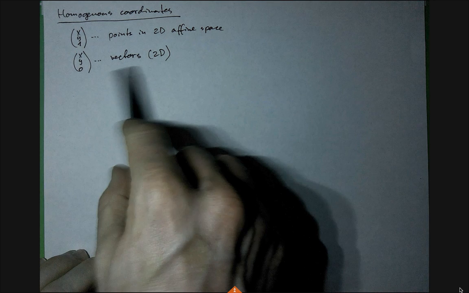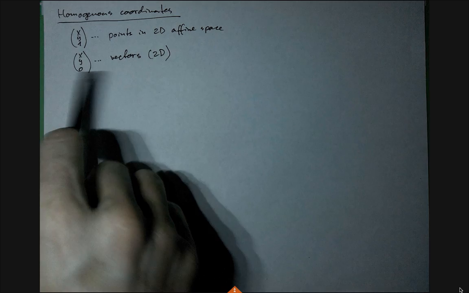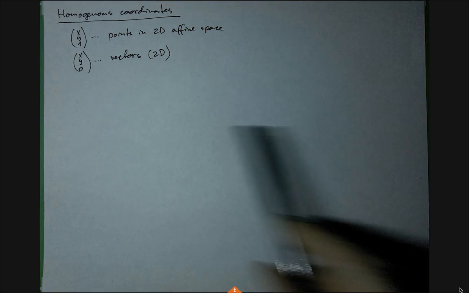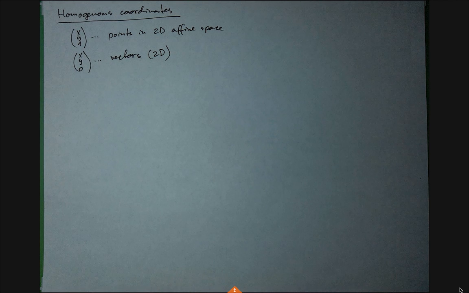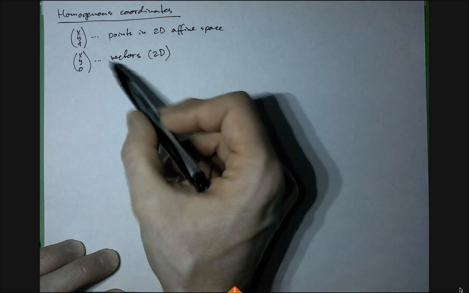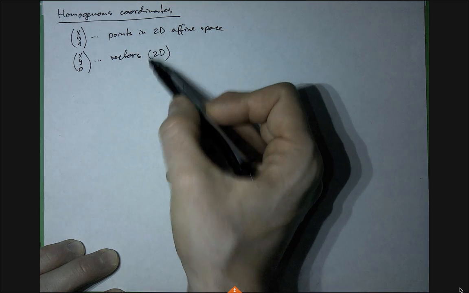The other way you can look at it, if you recall the projective plane idea, is to look at vectors as points at infinity. If the points are going further and further away, in the limit they become vectors. But here I would like to talk about the operations we can do together with points and vectors.